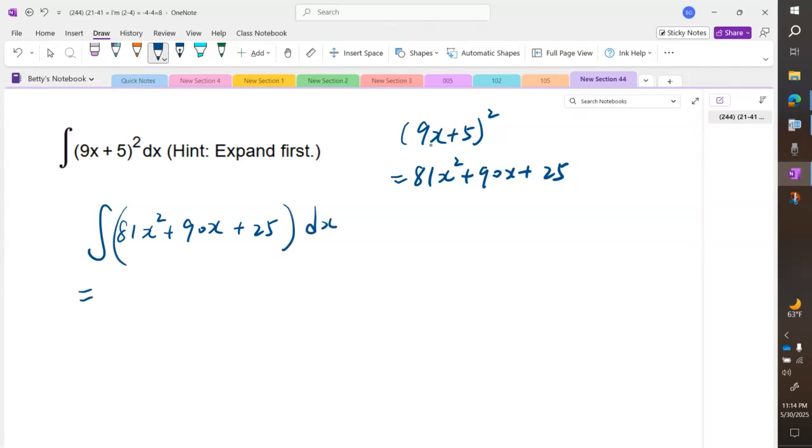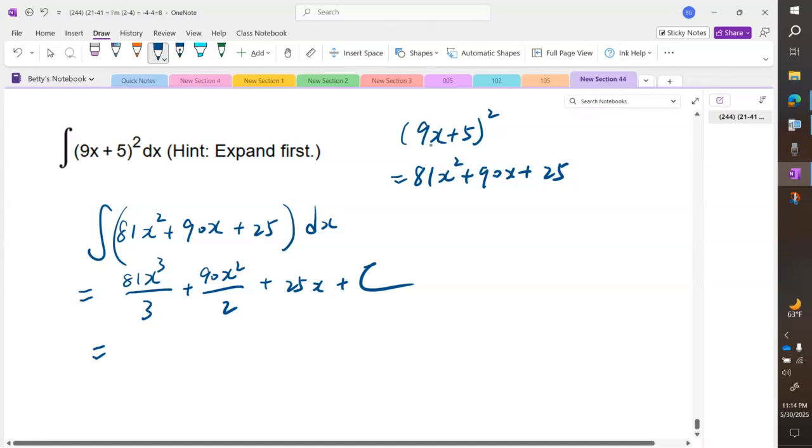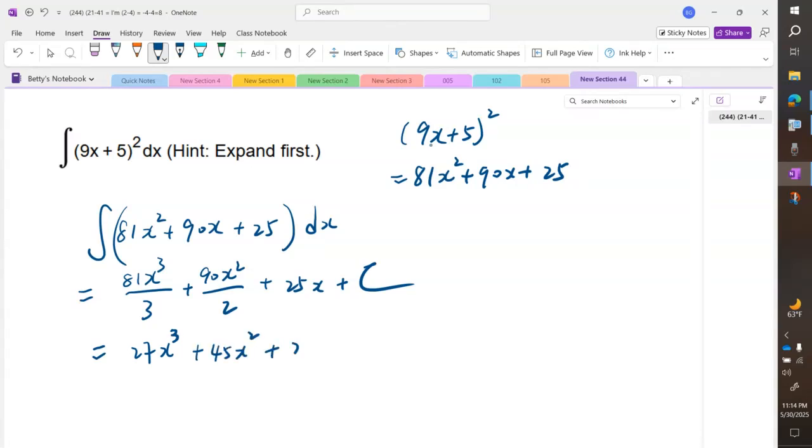Then we do the antiderivative: 81 times x cubed over 3, and 90 times x squared over 2, and plus 25x plus c. Do not forget, always have a c. 81 divided by 3 is 27x cubed plus 45x squared plus 25x plus c.